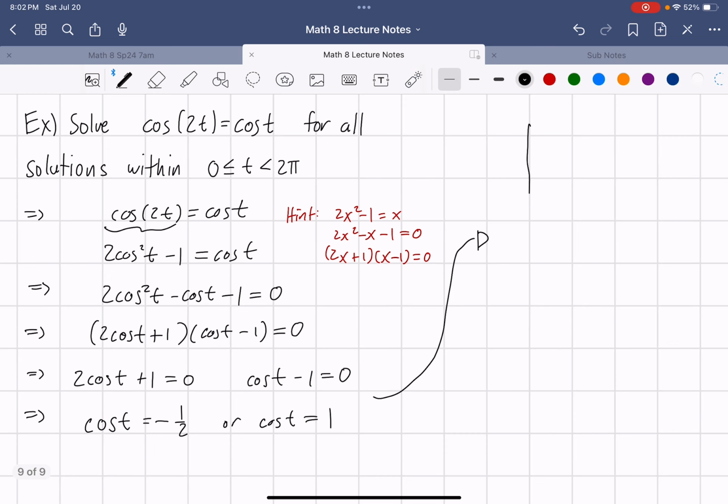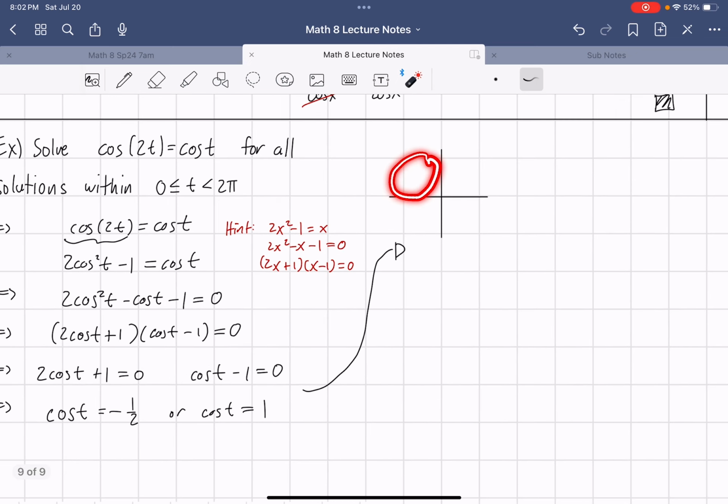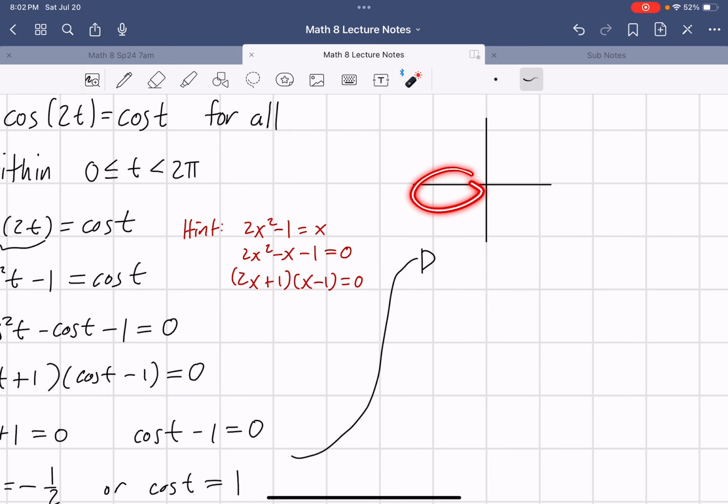So if I draw this unit circle here to help me think about when cosine is equal to negative 1/2, that has to happen in either quadrant 2 or 3, just because that's where my x-axis is negative. And I know cosine is 1/2 at pi over 3.